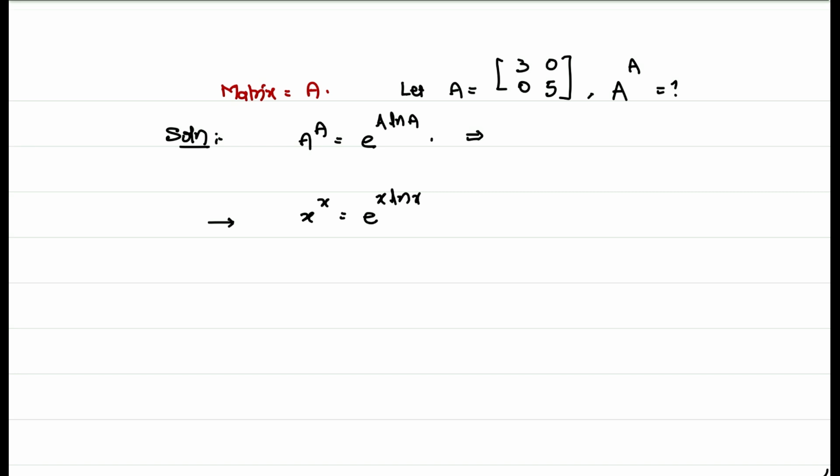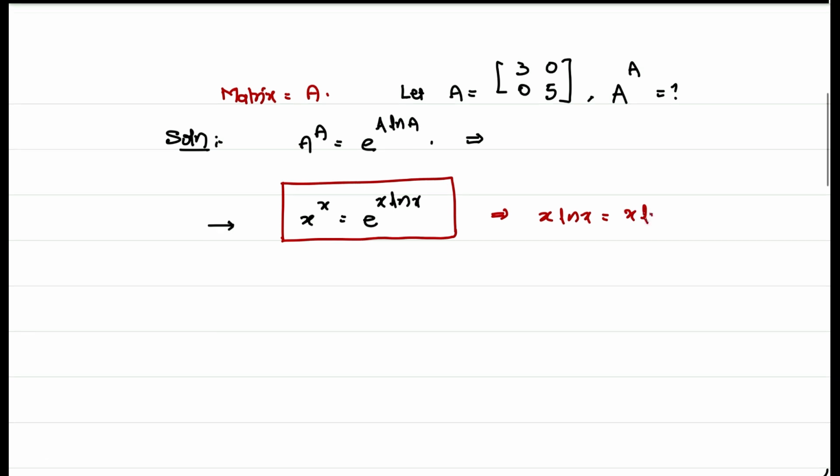This is a very important equation. If you take natural logarithm on both sides, it will be x into ln x is equal to x ln x into ln e to the base e. This is equal to 1, which implies x to the power of x is equal to e to the power of x ln x.